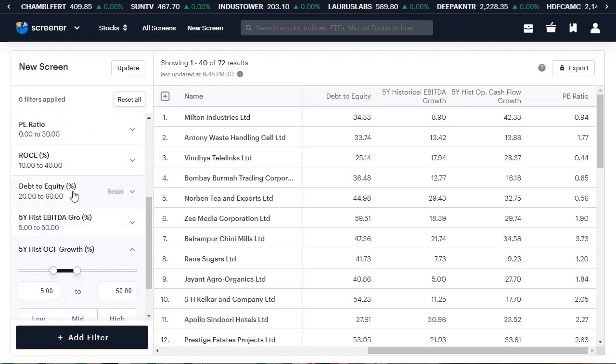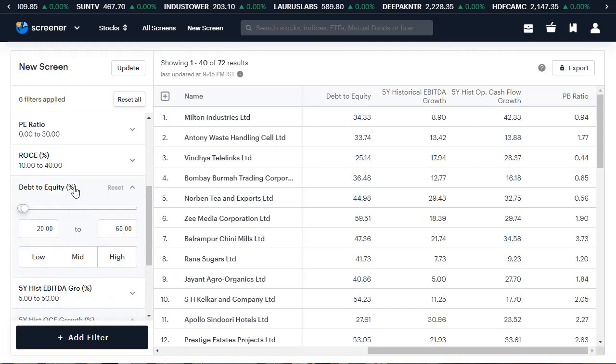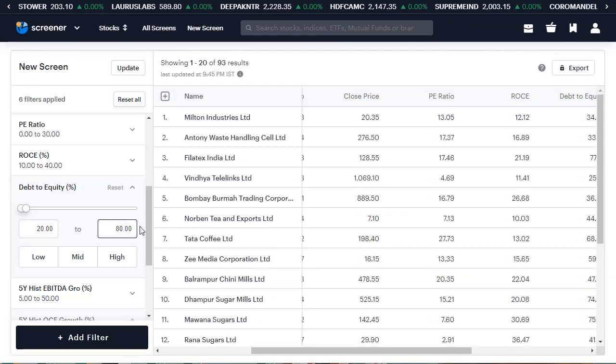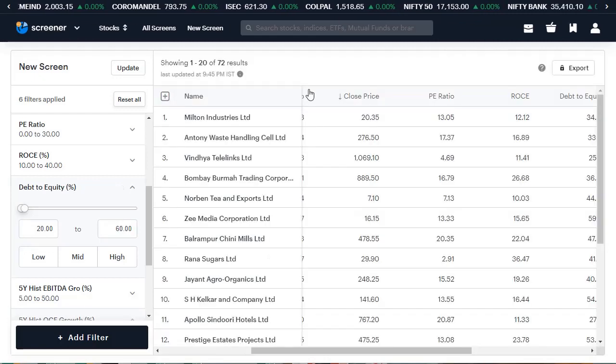For example, if I just change the debt to equity ratio from the maximum limit of 60 to 80, this result changes from 72 to 93, thereby adding those companies which have the debt to equity ratio from 60 to 80. So I will reset from 80 to 60. And again, we are back to the original list that we had generated of 72 companies.